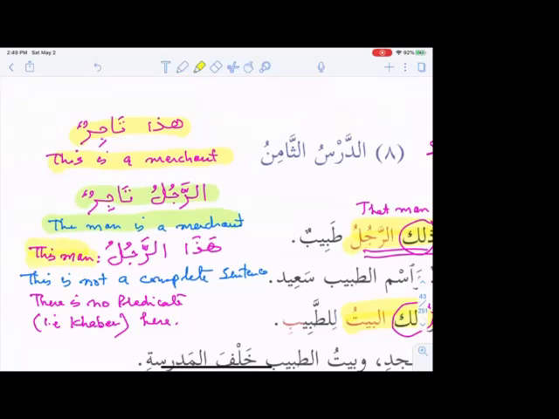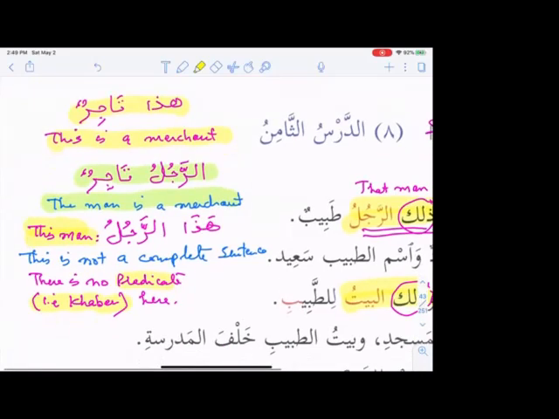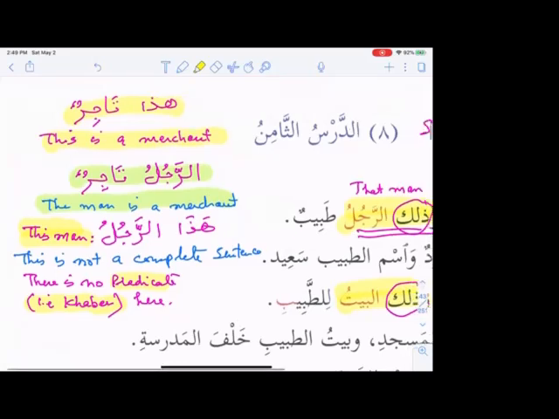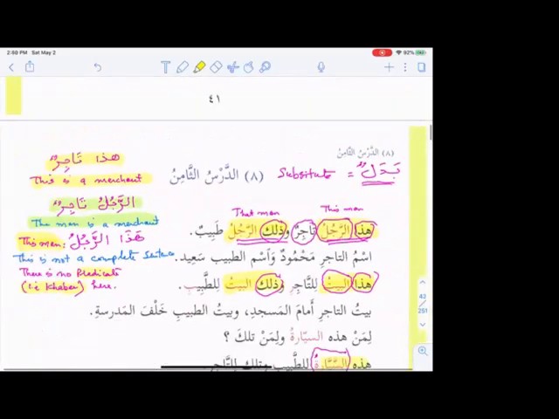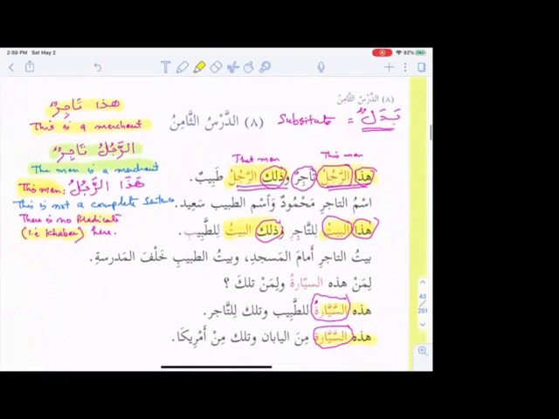So this is not a complete sentence. We need the predicate, the khabar, and then we say, Hadha rajulu tajirun. Inshallah, you will remember this. And if there is a need for it, I'll explain you again.